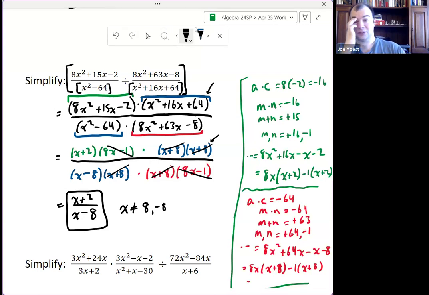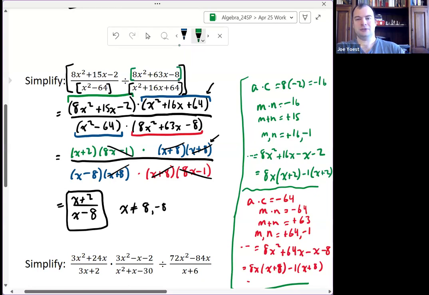And again, the one that's tricky that I can easily miss is when is this whole second fraction 0, because we're dividing by it. In other words, when is the numerator of the second rational expression equal to 0? 8x squared plus 63x minus 8. When is that 0?